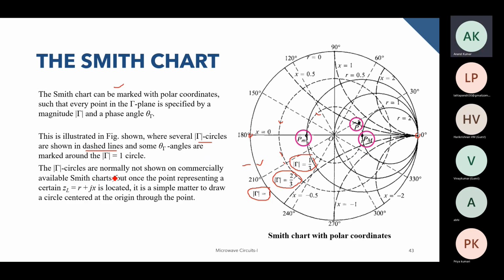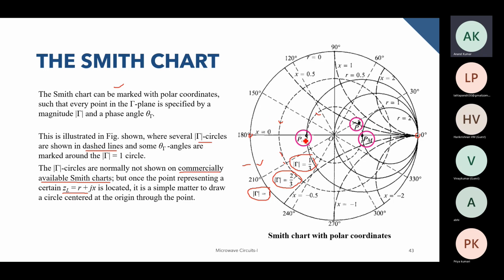Now, the gamma circles are normally not shown on the commercially available Smith chart. So this is very important to note, that the Smith charts that you will buy from a shop or find online won't have the gamma circles already drawn. But once you have located your normalized load impedance, you can simply use a compass to find that particular point and draw the circle.